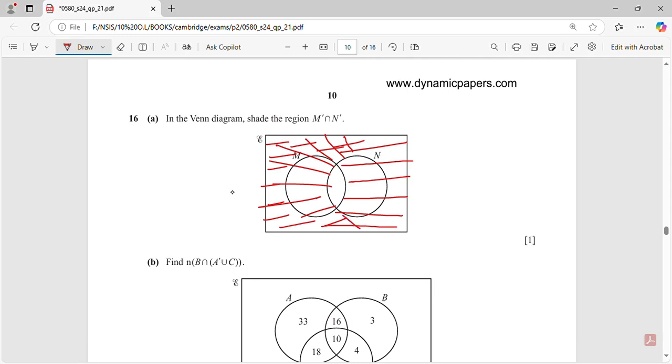As we can see, the only intersected part would be this part.